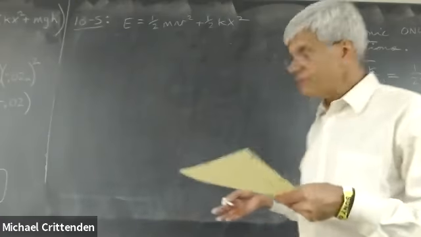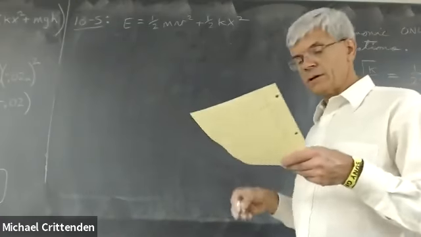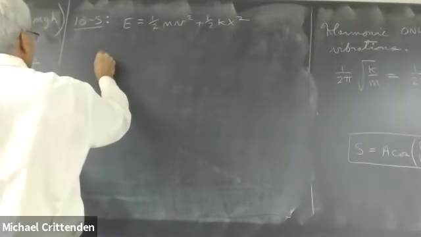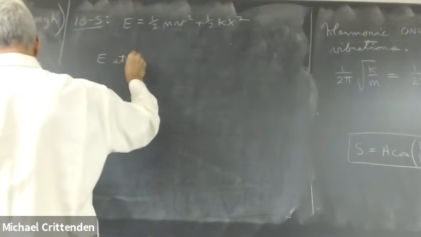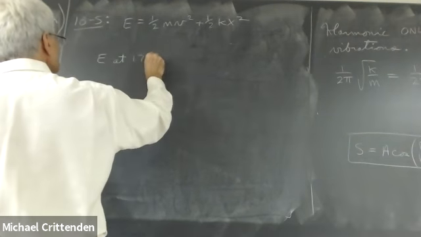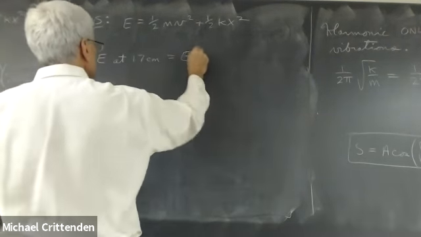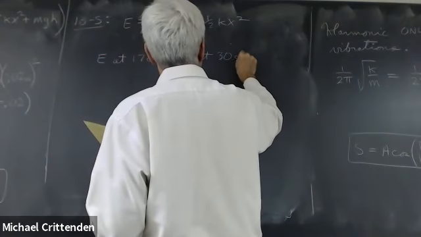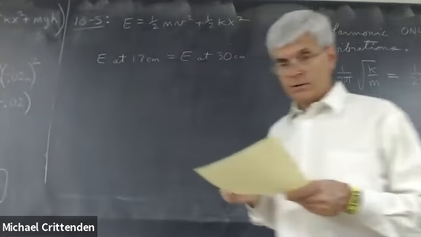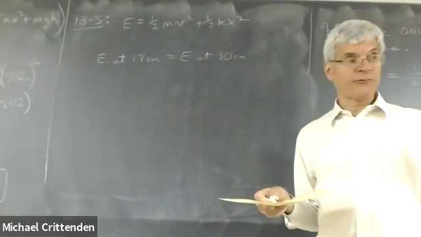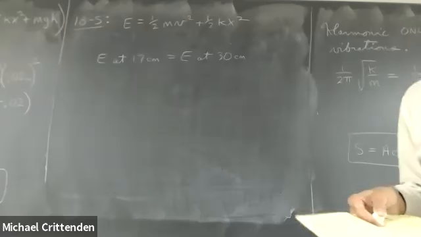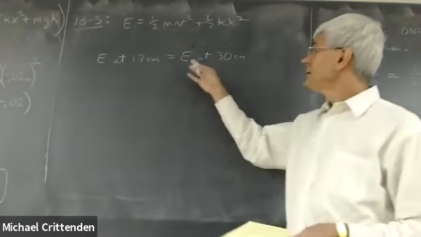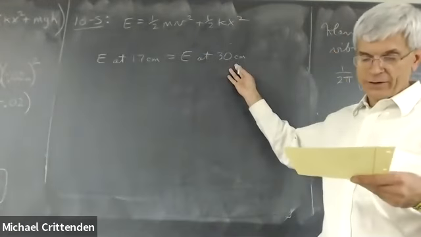So because it never changes its elevation, there is no mgh term. And because we're assuming a frictionless situation, the energy at x equals 17 would be equal to the energy at x equals 30.